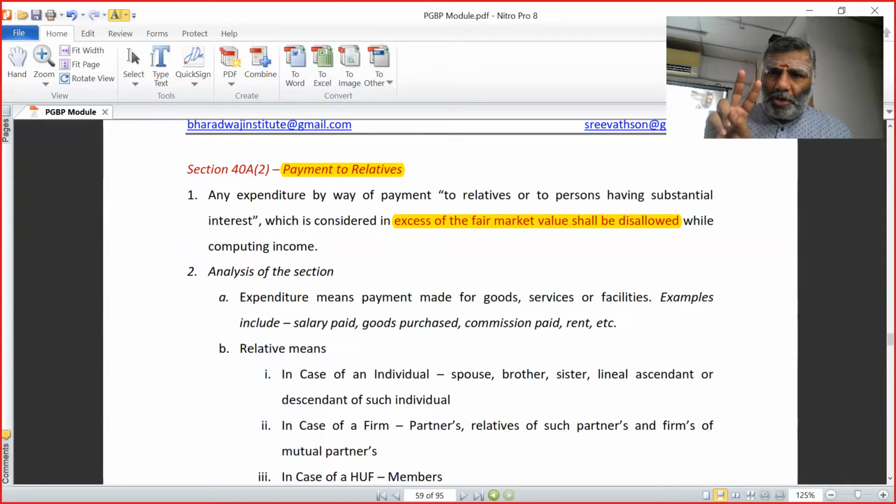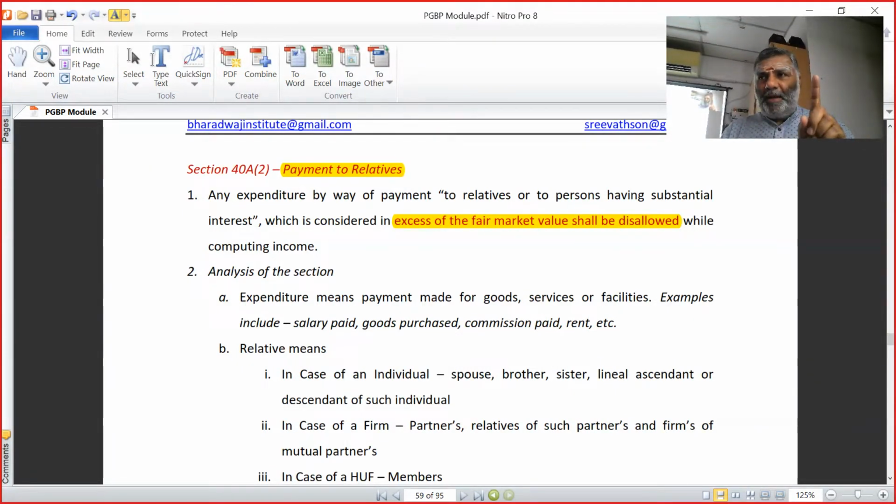If a person holds 20% or more of the voting rights, for a company it means voting rights, for a firm it means share of profit, 20% or more, that means he is a substantial interest holder. If he is holding one-fifth of the company, he can influence the company.